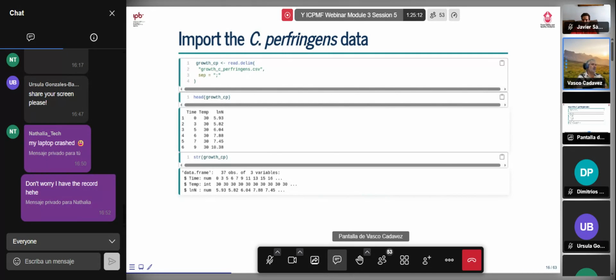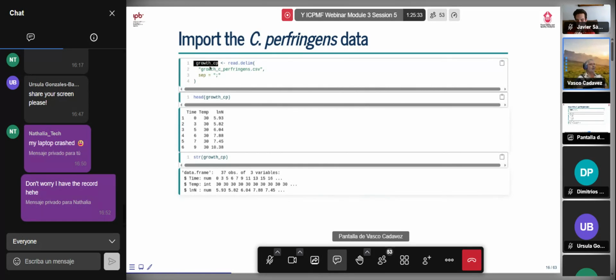I like read.csv also, but in this case this is another example, and they do the same. You need to read the data, in this case in CSV format, but you also have packages and functions to read Excel files, so you can import Excel files too. So I'm reading the data and storing it in this object.